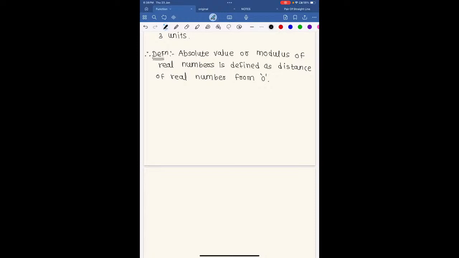So absolute value or modulus of real number is defined as its distance from 0.